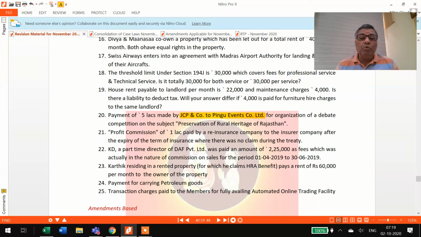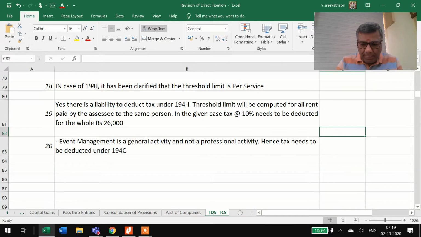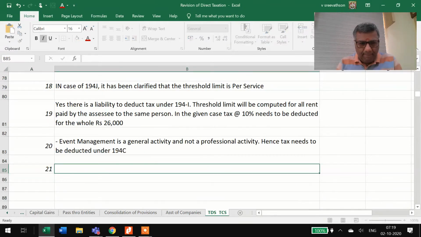Profit of 1 lakh paid by reinsurance company to the insurer company. Provisions specifically exempt commission paid for reinsurance.